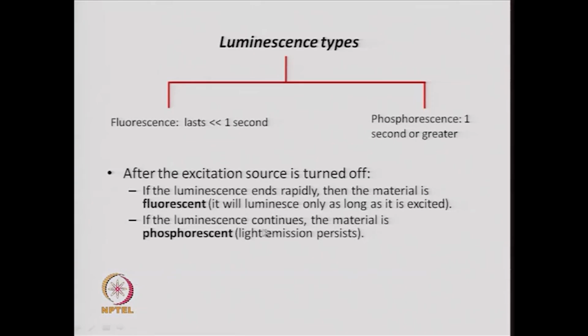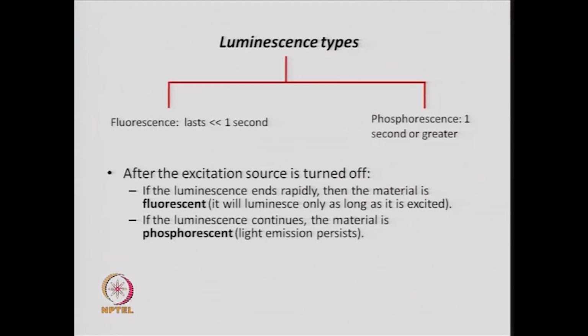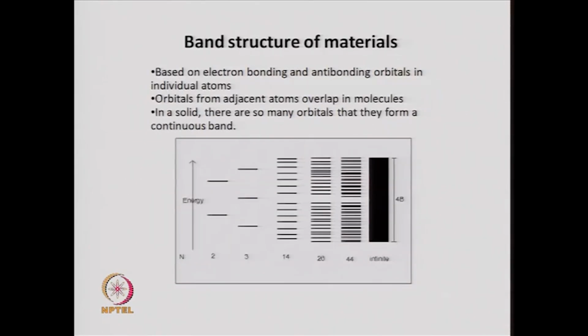If the luminescence continues and the material is phosphorescent, that means the light emission persists, and that differentiates it from fluorescence. So, these are two important things about luminescence: what is phosphorescence and what is fluorescence.